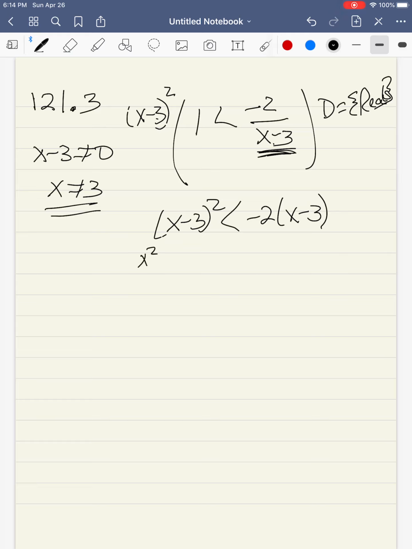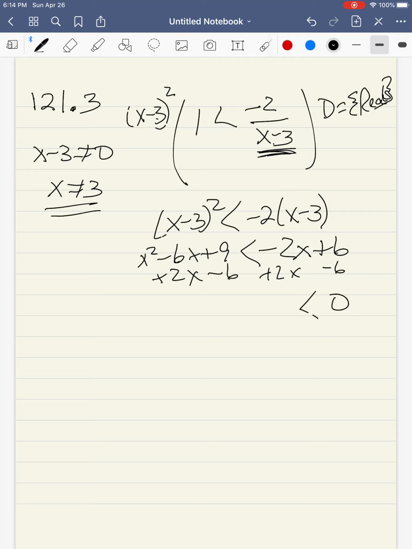We'll have x squared - 6x + 9 less than -2x + 6. And we want to set that to 0, so add 2x to both sides and subtract 6 from both sides. So this will be less than 0, and that tells me right there because it's less than 0, I'm going to be looking for negatives, right? And this will be x squared - 4x + 3.